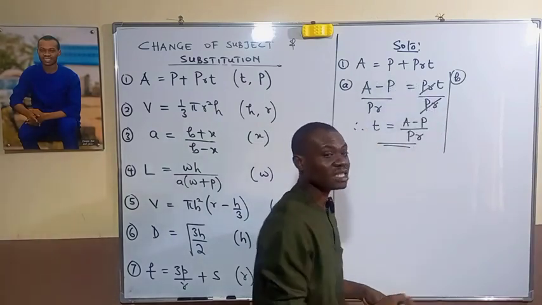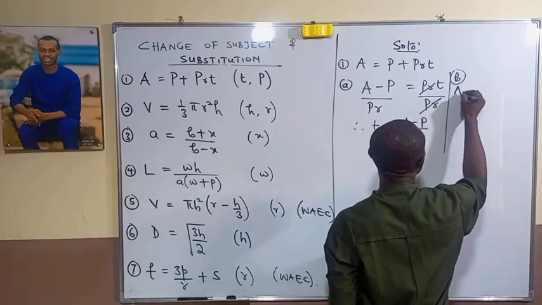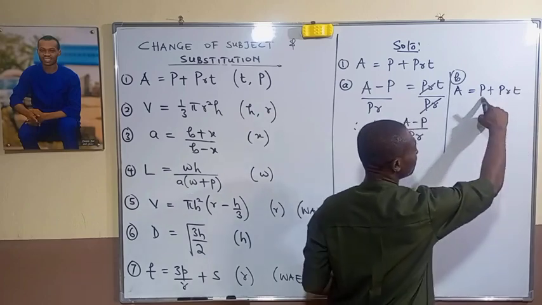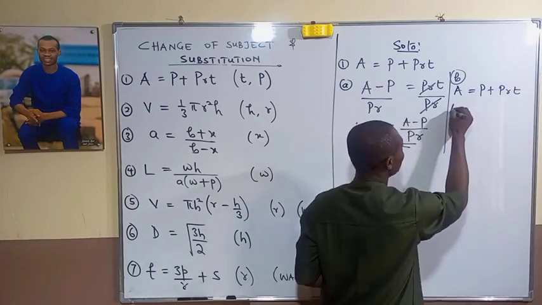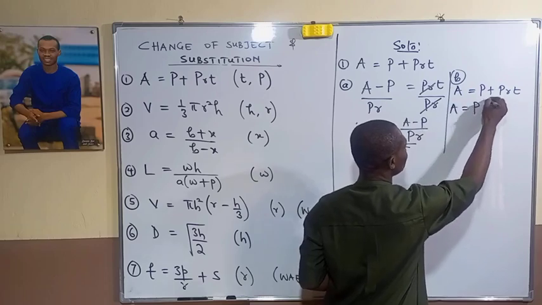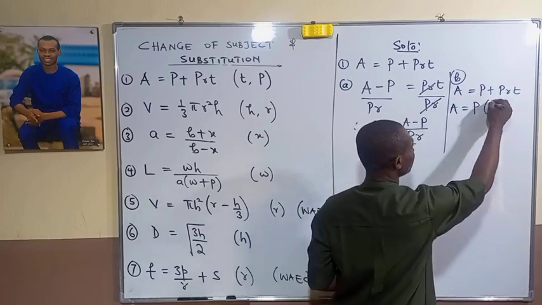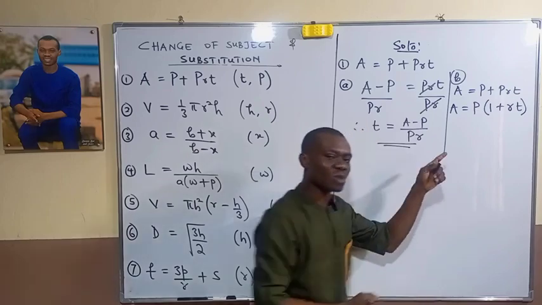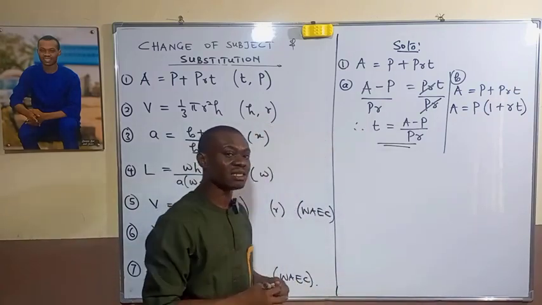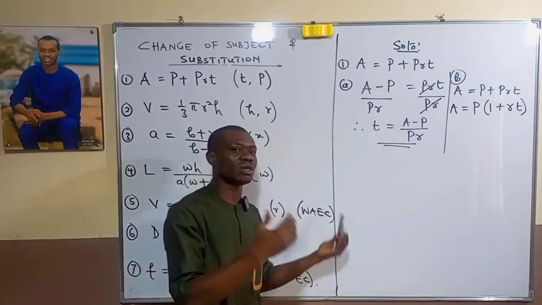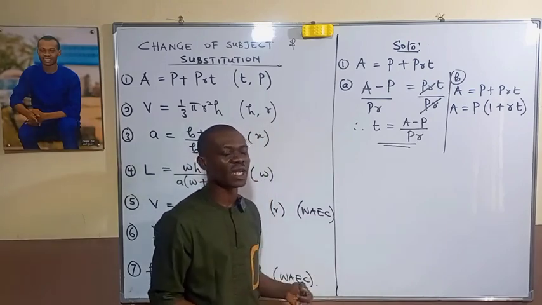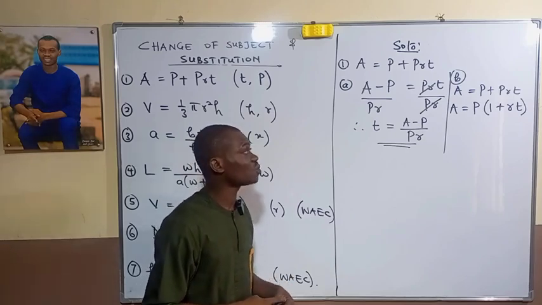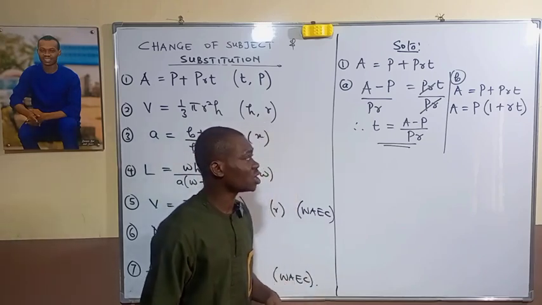I'm going to factorize. So this is A equal to P plus PRT. I have P here and P here, and I will bring out that P. If I do that, P into P will give me 1, plus P into here will give me RT. This is why it was necessary that we did the lessons on factorizations, expansions and all of that, and I will put the link to those videos in the description of this one, so you could go and check that out.